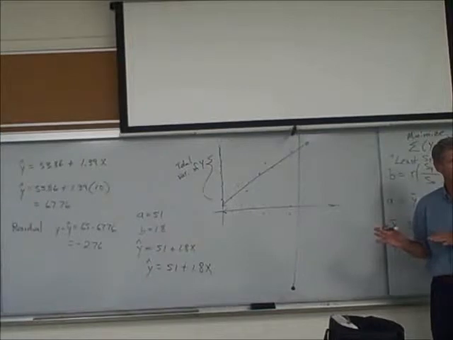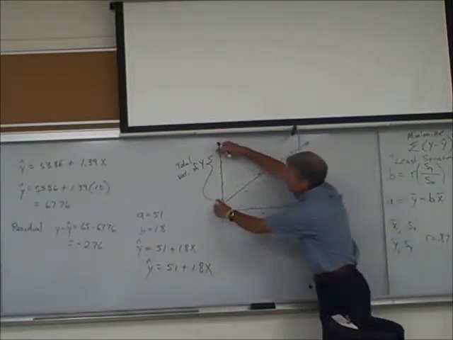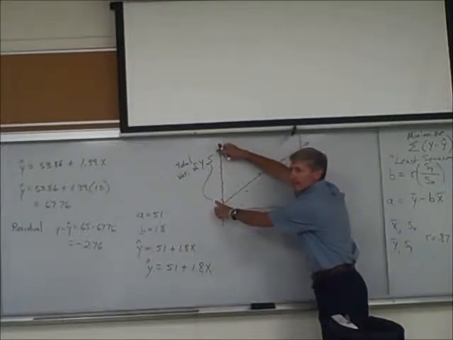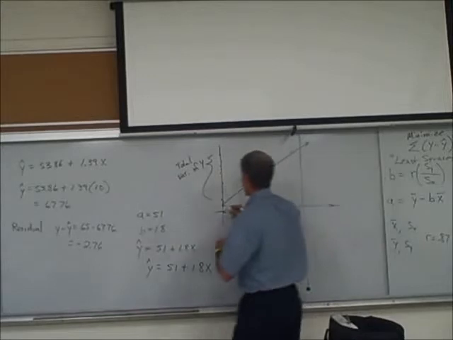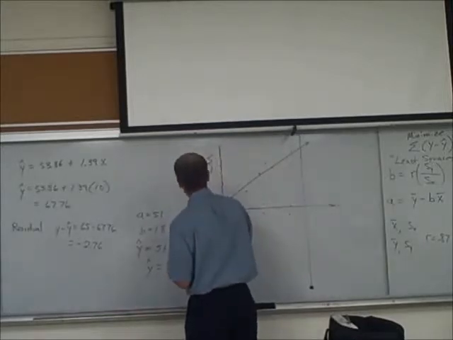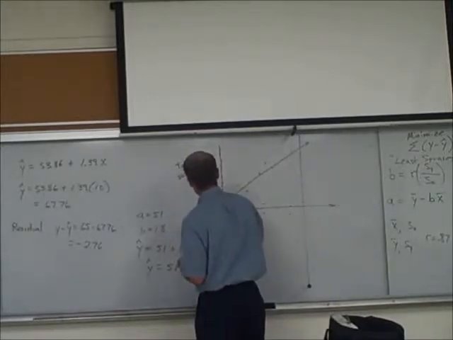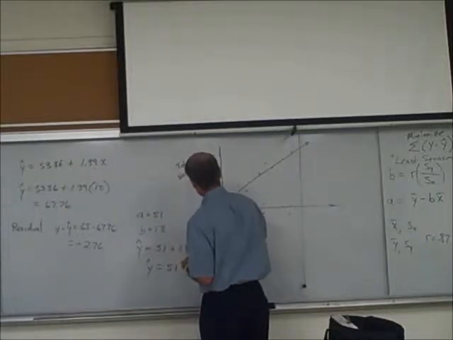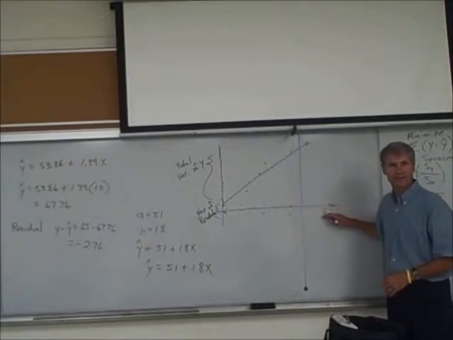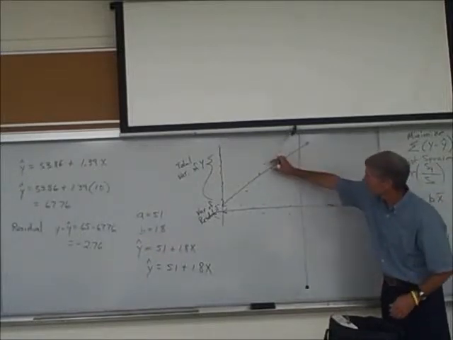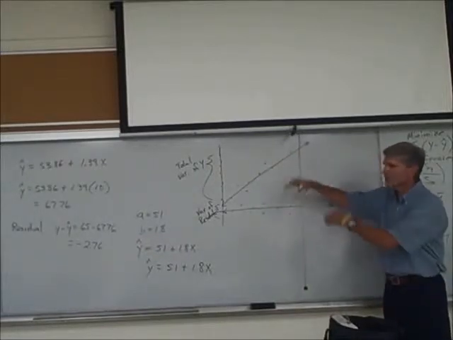Now how much variability is there in the y direction? We had this much total variability of y. Now I only have that much. So this is the variability of the residual. Because what I did, I made what's called a residual plot. I plotted the residuals from the line instead of the line itself.